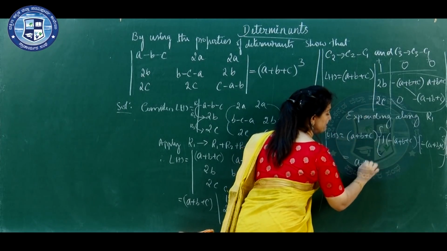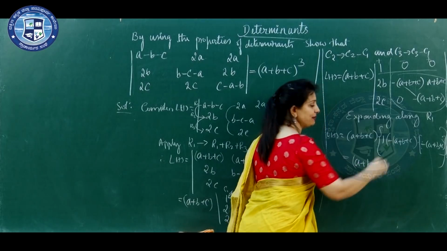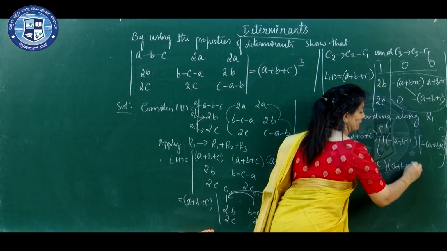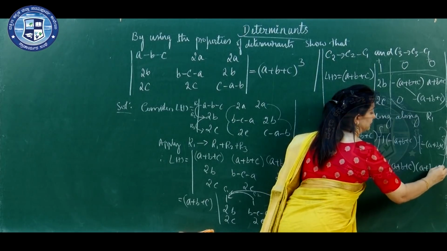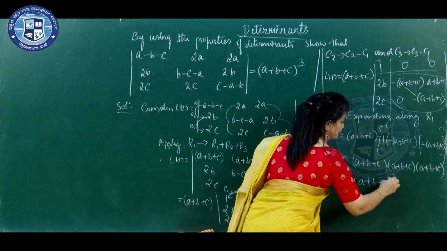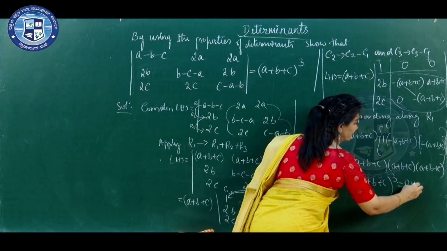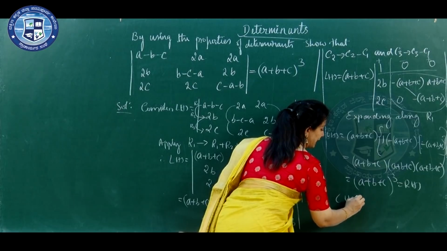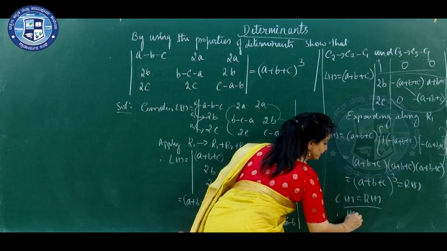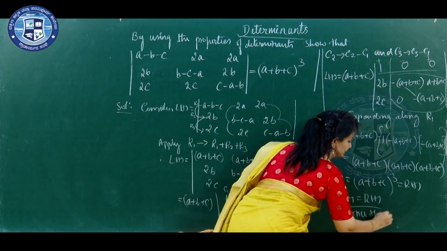So, it is A plus B plus C into A plus B plus C into A plus B plus C, which is A plus B plus C the whole cube, which is RHS. So, LHS and RHS are equal, hence the proof.